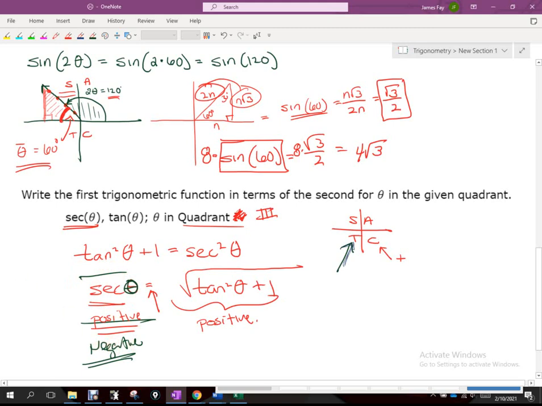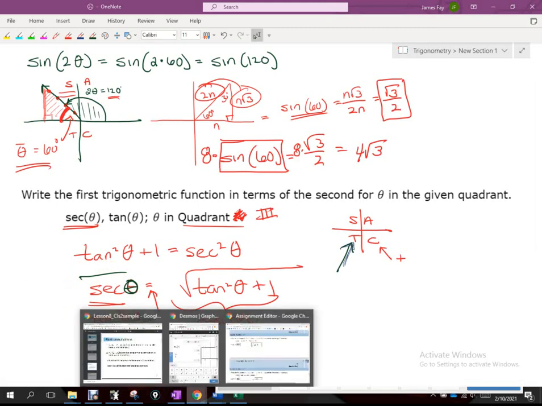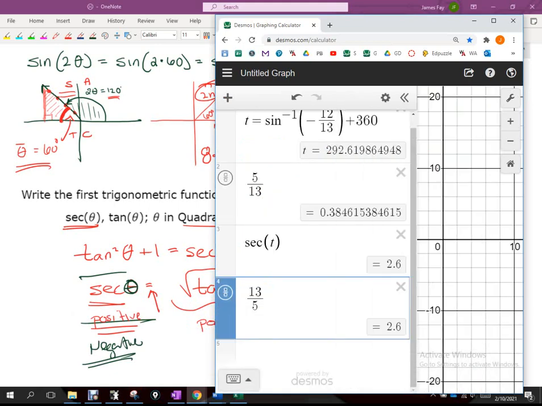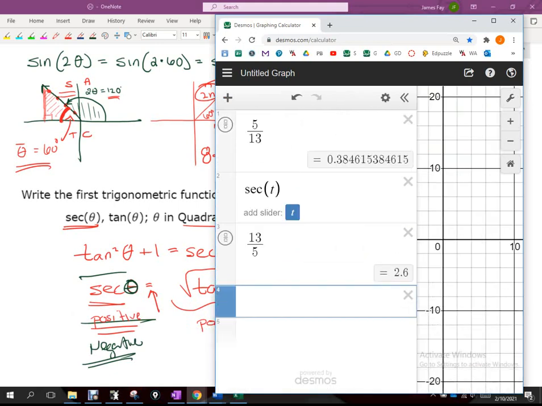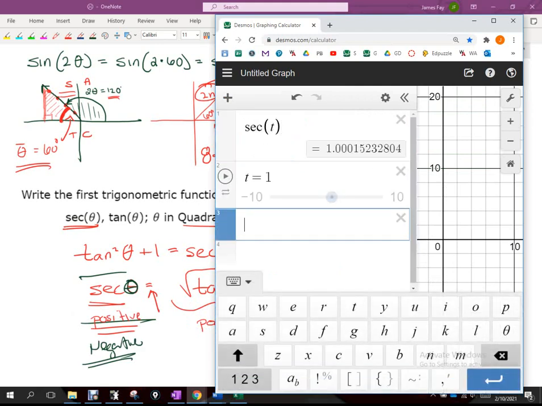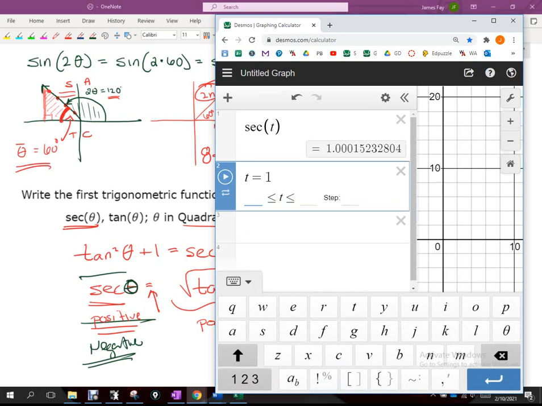Okay? Type in any number for the secant. So secant of t, and let's let t go between, I don't know why I said 0 and 90, but we're going to go between 180 and 270.